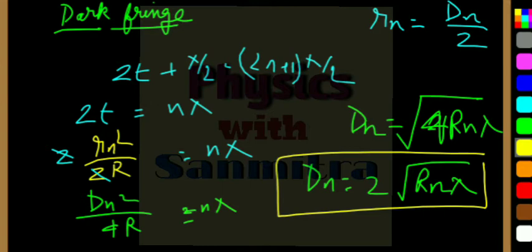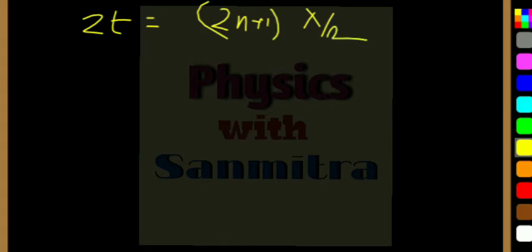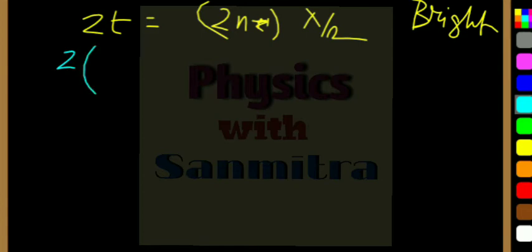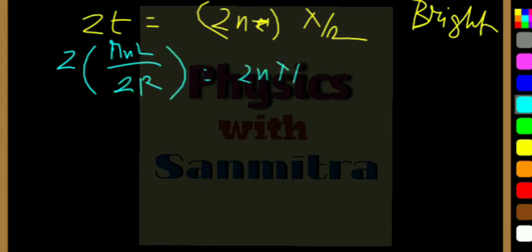Now for the bright fringe, what is the expression for the diameter of the ring? This is the diameter of the dark ring. Now it's the same thing, that is 2t is equal to 2n plus 1 lambda by 2, or 2n minus 1 lambda by 2, that is my bright fringe. We can derive in a similar fashion. Let's replace t, so 2 into rn squared by 2R is equal to 2n lambda by 2 minus lambda by 2.